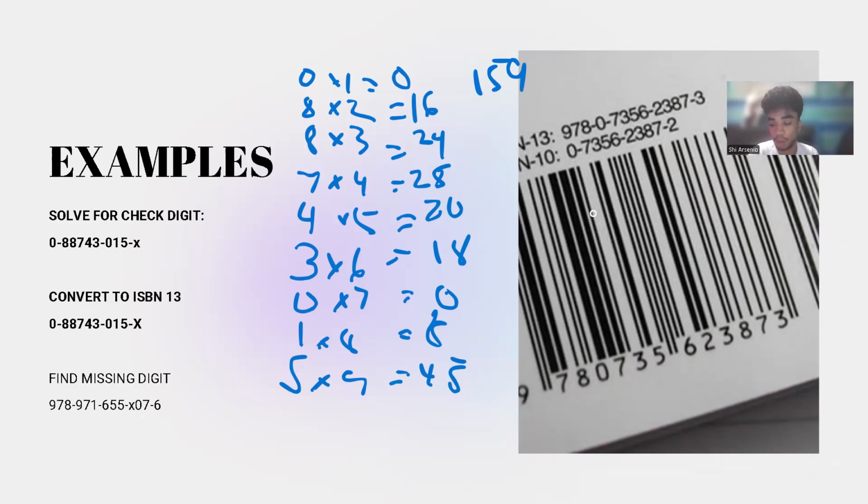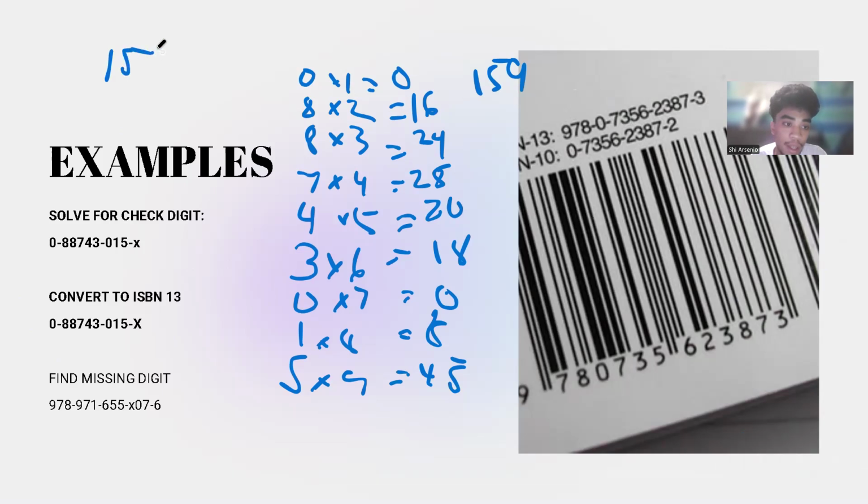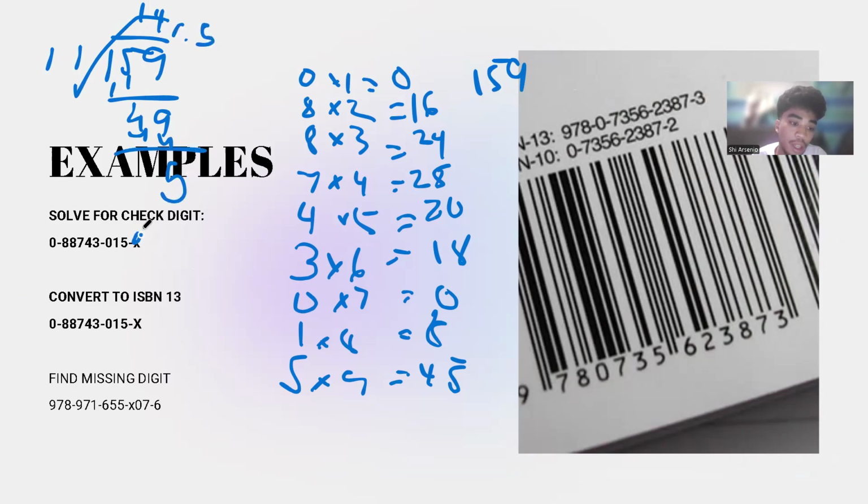So we will take 159 divided by 11 and get the remainder. 11 times 14 is 154, and 159 minus 154 is 5. So the remainder is 5, and the check digit is 5.